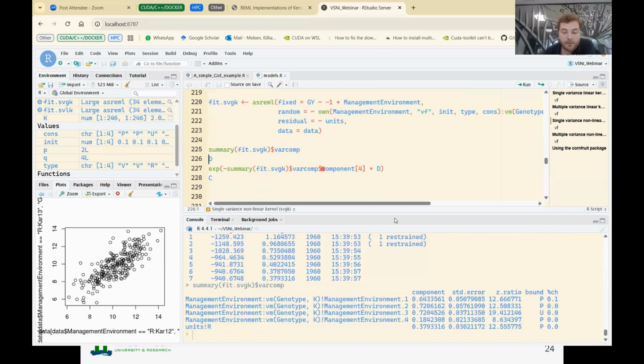There we go. Then if we look at the variance components, we have the variance for management 1, the variance for management 2, the correlation between management 1 and 2, and then the bandwidth. So you see that the variances are more or less the same as what we saw before. The correlation is also still quite high, around 0.75, and we get a bandwidth of 0.18.